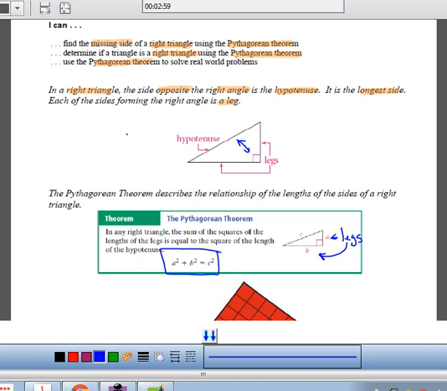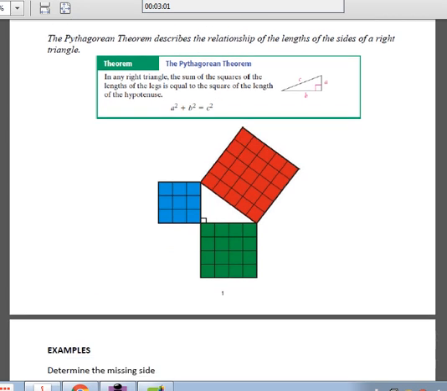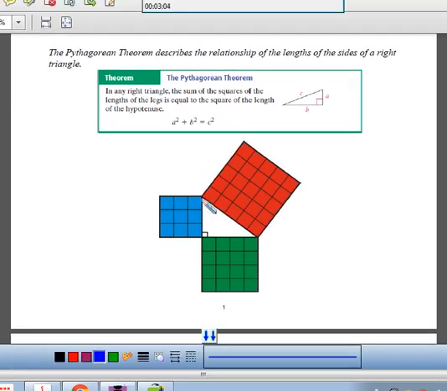Alright, and we have an example of this below. It's kind of a weird looking picture. You have the right triangle on the inside here. The side length for one of the legs is 3. 1, 2, 3 boxes. The other leg is 4. Now, if I do 3 squared, I get 9.